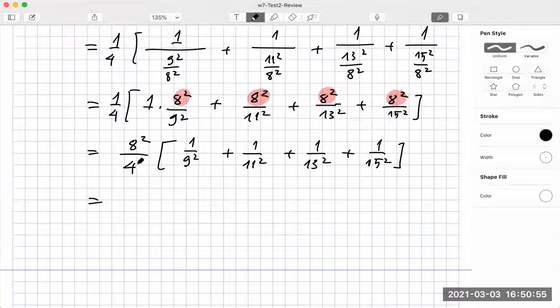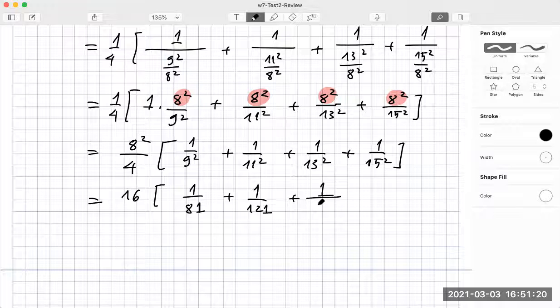But let me simplify it one more step. 8 times 4 divided by 2, 2, it will be 16. Here, 1 over 81 plus 1 over 121 plus 1 over 13 squared, which is 169, and 15 squared will be 225.